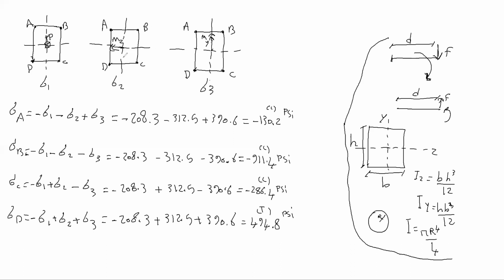If we look at the moment just based on MZ, the top is compression, the bottom is tension, and the middle is 0. That's the neutral axis. But if we look at MY, then B and C are compression, A and D are tension, and the vertical line is the neutral axis, right?